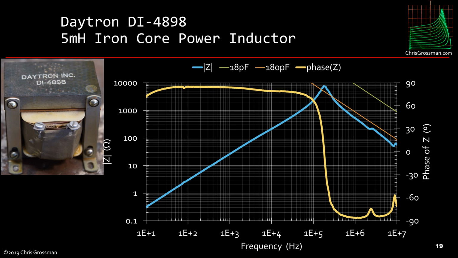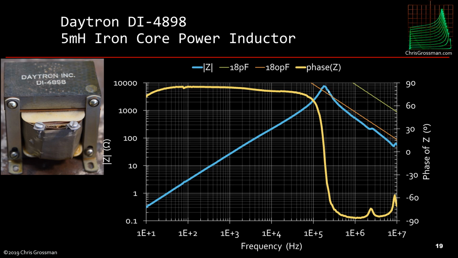Now here's an example of a 5 millihenry iron core inductor. You can see here the impedance increases with frequency, as you'd expect from an inductor. It hits a resonance, then back down.